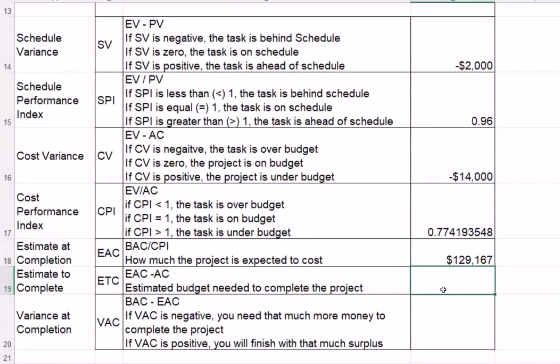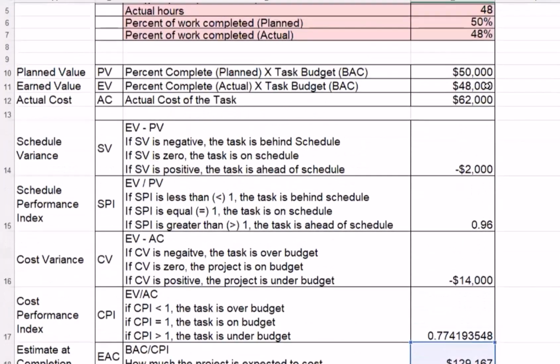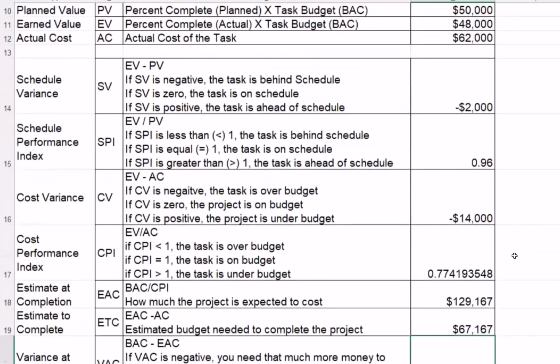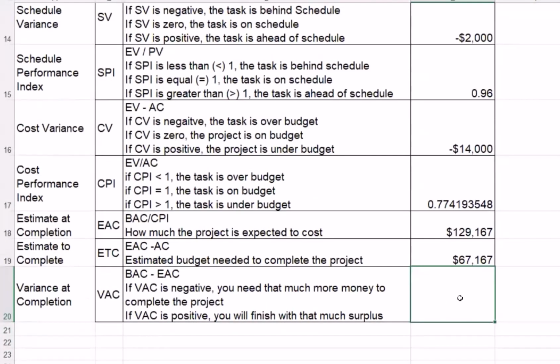The ETC is the estimate to complete. That's the EAC minus the actuals. From this point forward, that's the estimate of what we need to complete the project if we don't make any changes.